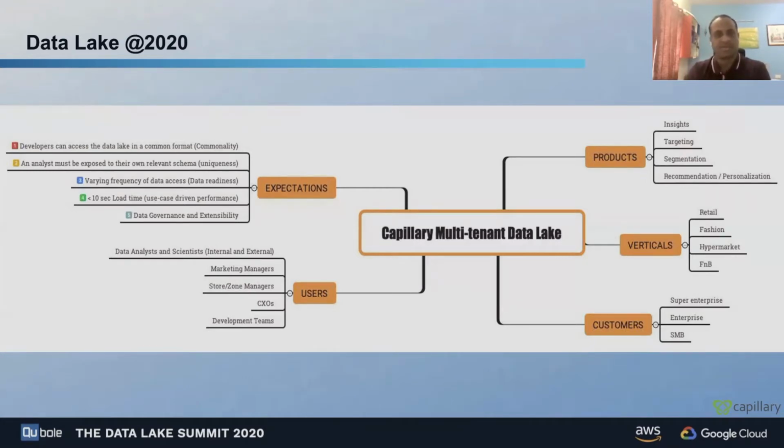Particularly when it comes to super enterprises, data governance and data extensibility become super important because they would want to play around with the data lake and also add their share of domain-specific nuances to the data lakes as well.